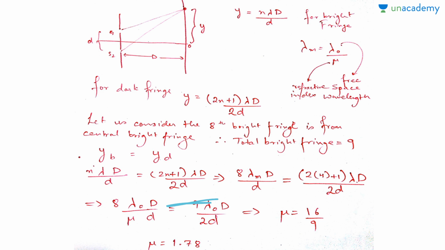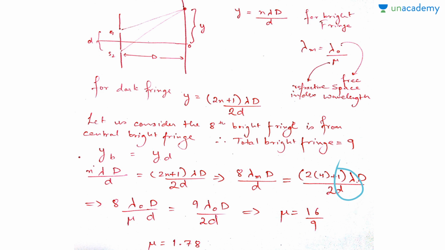We are having a total of 9 bright fringes, so what value of n should we put to get 9? 4. So we'll put 2 into 4 plus 1. Lambda will remain lambda since it is in air, D upon 2d.